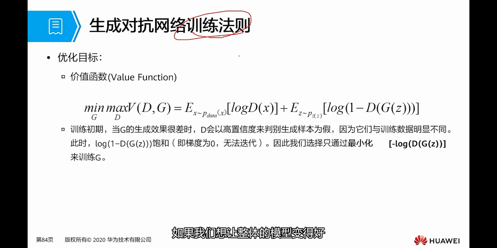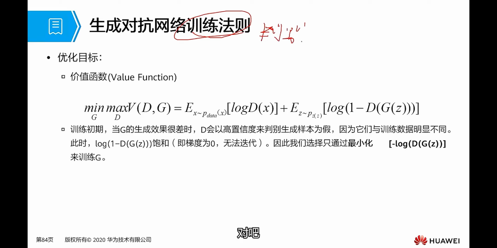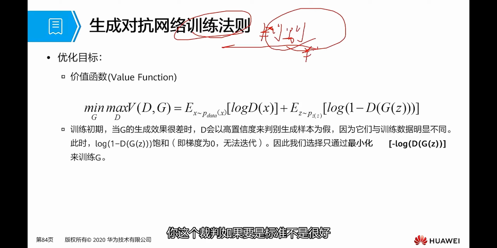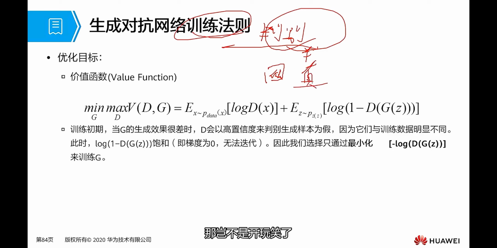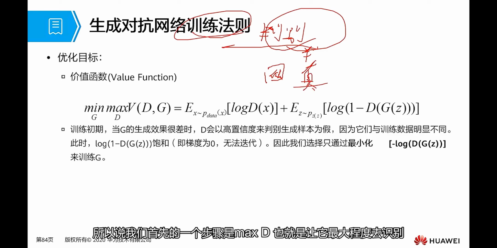Now let's take a look at what its training rules are like. Let's imagine, if we want to improve the overall performance of this model, what do we need first? We need to have a good discriminator, right? We also need a good referee. If the referee's standards are not very good, if your discriminatory ability is not very strong, then even if I generate a fake image, with images that have a big gap from reality, you actually judge them as real.